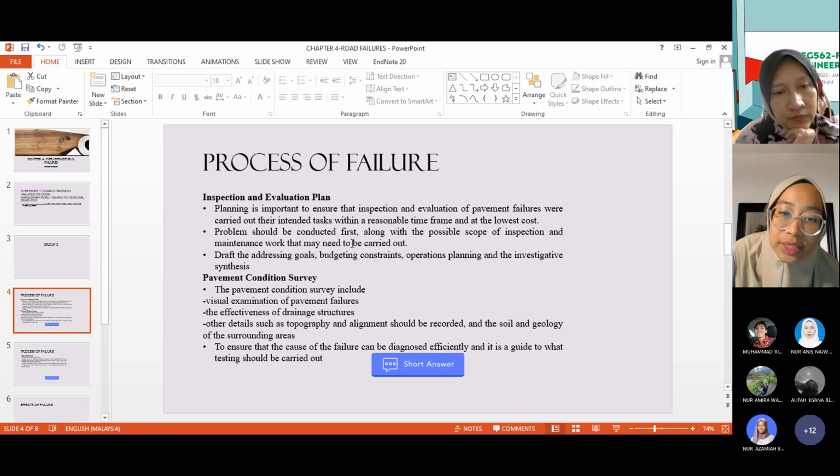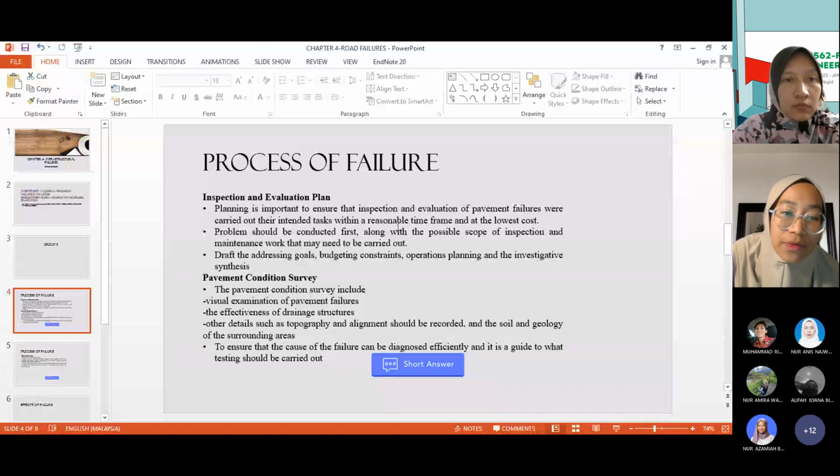Problem should be conducted first, along with the possible scope of inspection and maintenance work that may need to be carried out. Then draft the addressing goals, budgeting constraints, operations planning, and the investigative synthesis.